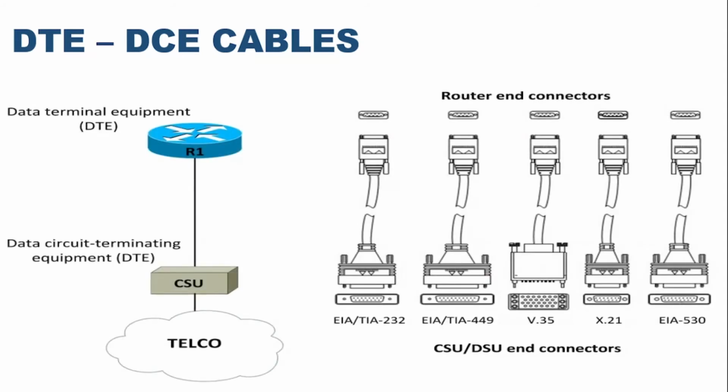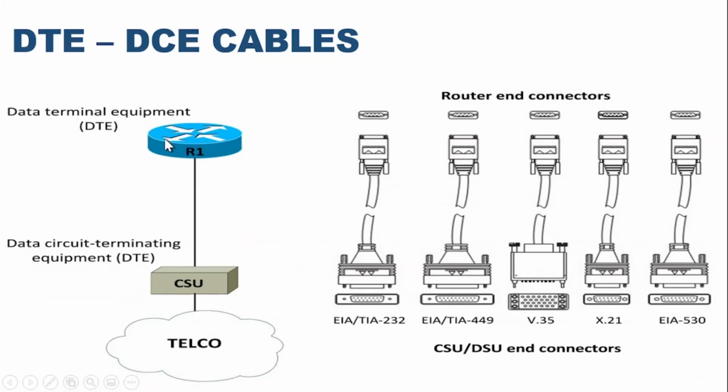So for the DTE and the DCE cable, as an example, we need to use these cables in order to connect a CSU-DSU that is going to the telco and going to our router.